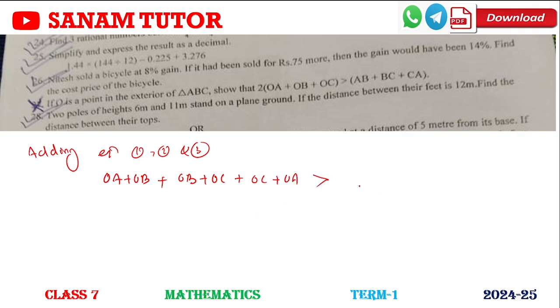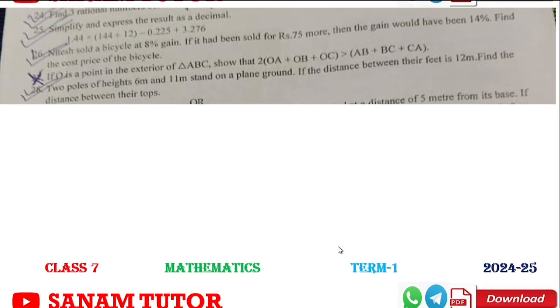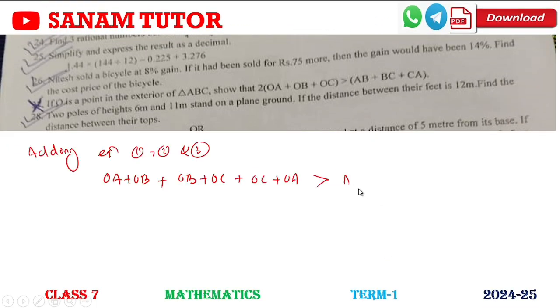Greater than, the right side of the first equation is AB, BC, AC. Okay, so here there are 2 OA, 2 OB, 2 OC.